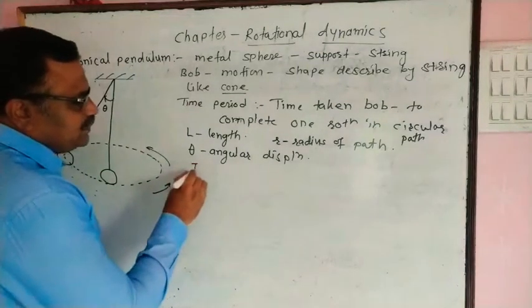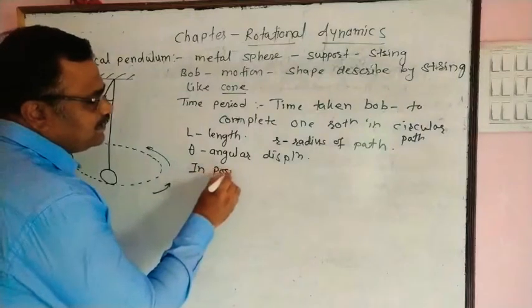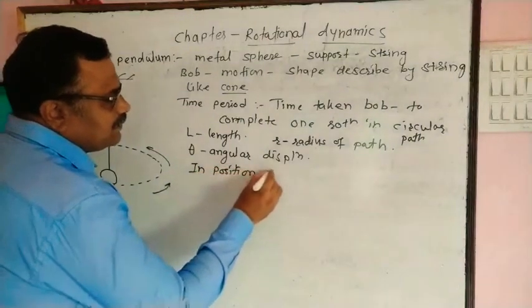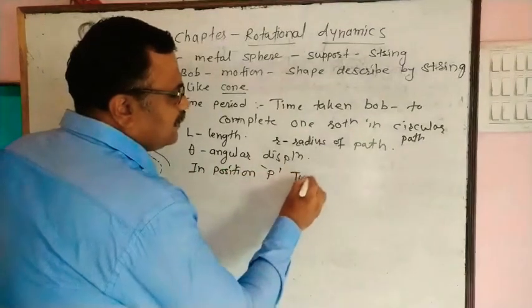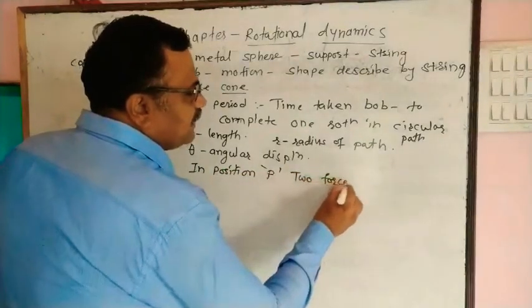Now in this position P, we observe two different forces acting on the bob.